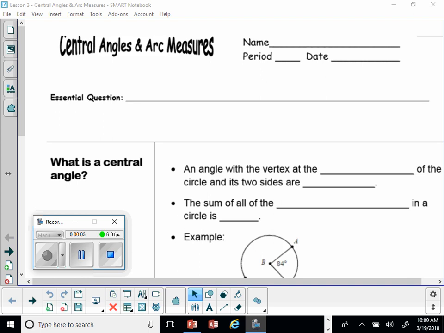Our second lesson in the circles unit involves central angles and arc measures.